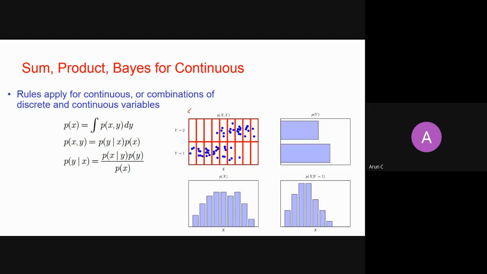Though x can vary from 1 to 9 on this axis, you are not interested in knowing the value of x. They always appear in pair, x and y. But you are saying, I don't care what the value of x is, but I am very interested in y equals 2.